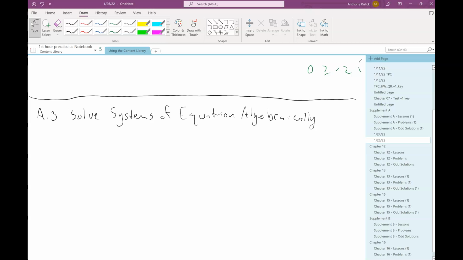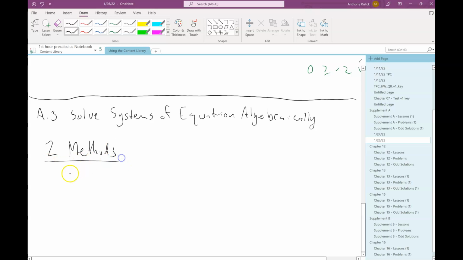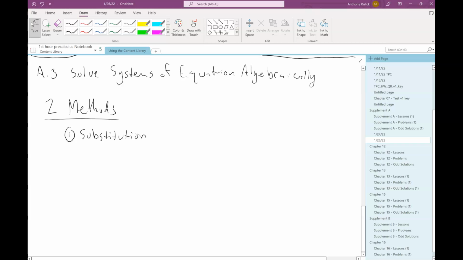So we're going to talk about 2 methods to do this. The first method is called substitution. And these are the same 2 methods that we used in our algebra course last year.